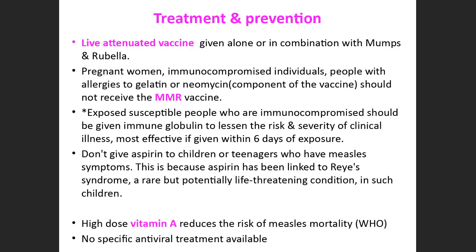Exposed susceptible people who are immunocompromised should be given immunoglobulin beforehand to reduce the risk of this illness. If they are exposed, they need to take this within 6 days.